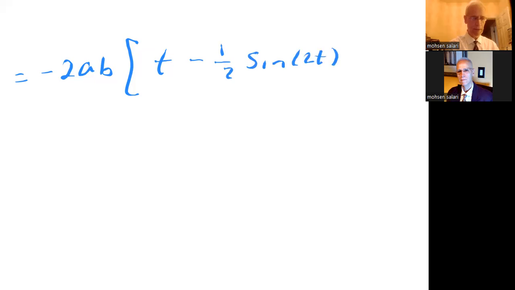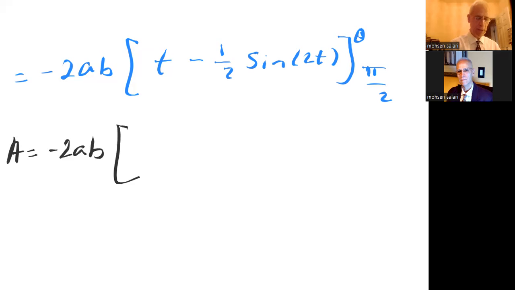So this equals minus 2ab. The integral of 1 is simply t, and the integral of cosine of 2t, using the chain rule in reverse, gives me negative 1/2 sine of 2t, from pi over 2 to 0. Okay. So area equals minus 2ab.